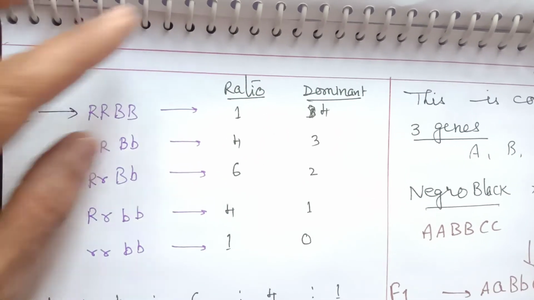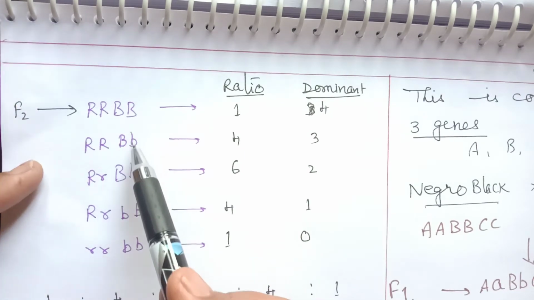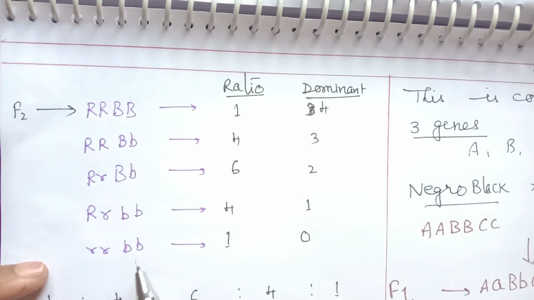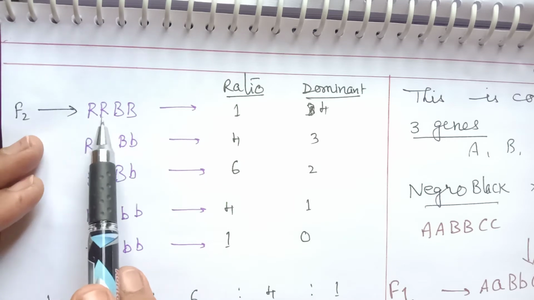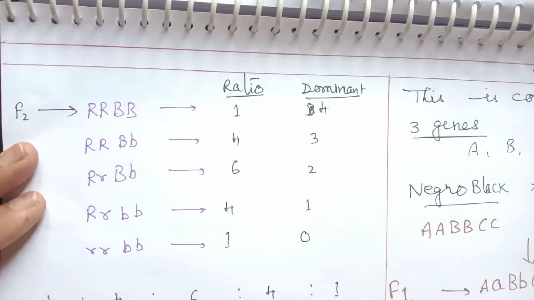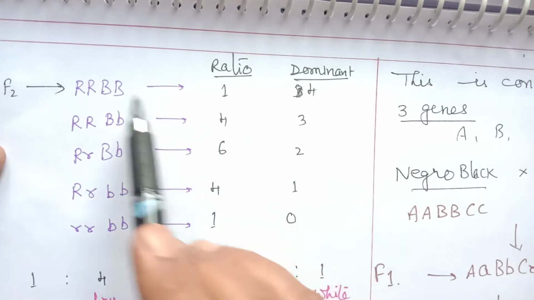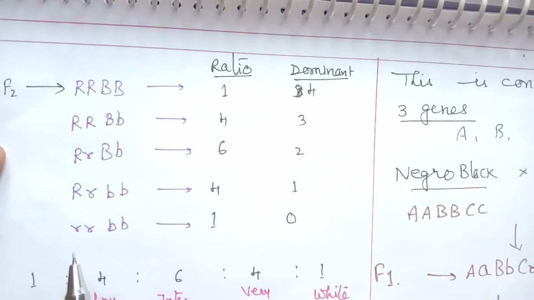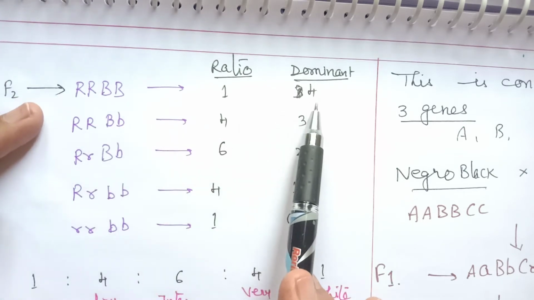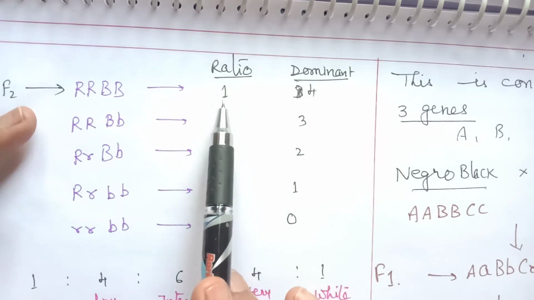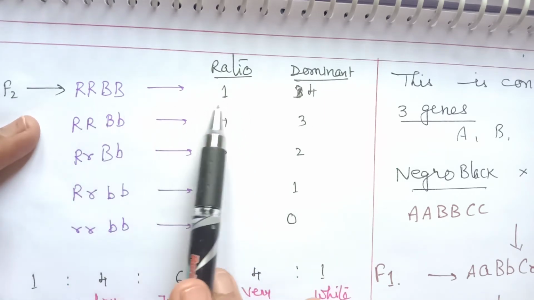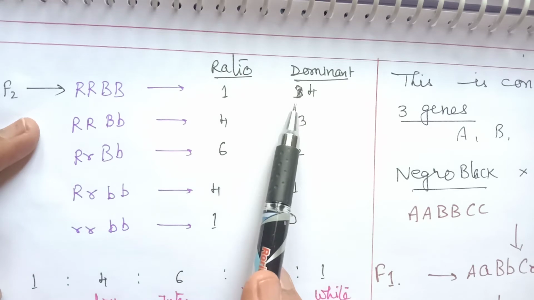When we observe the F2 generation, we can expect these different types of genotypes. First one with all dominant alleles for both the genes, all 4 dominant alleles. Here I have given it in tabular form for you to understand easily, and then I have given the ratio. If all 4 dominant alleles are present, 1 individual.